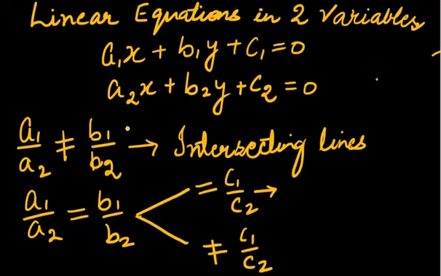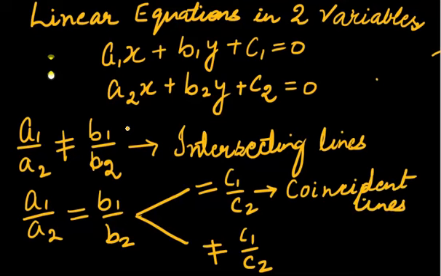One can be that this ratio is also equal to the constant ratio c1/c2. If it is equal to c1/c2, then we get coincident lines. And when the ratio of a1/a2 and b1/b2 is not equal to c1/c2, then we get parallel lines.